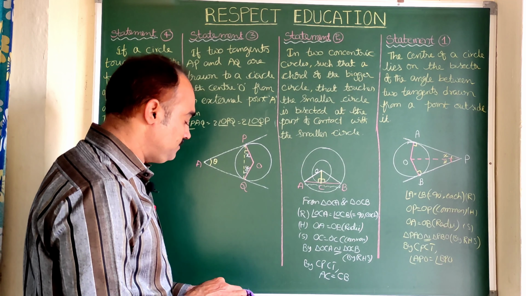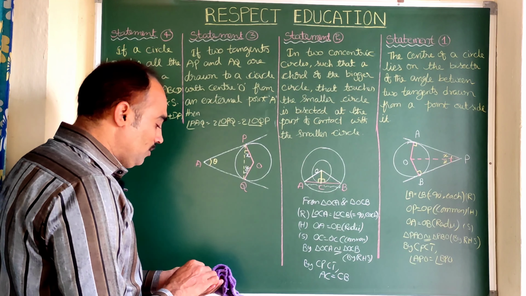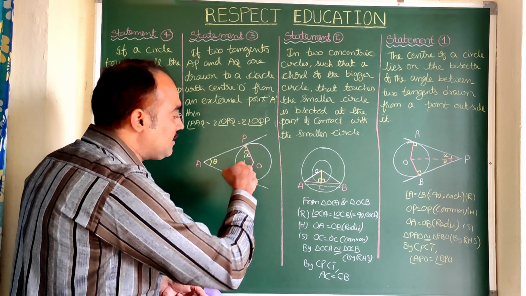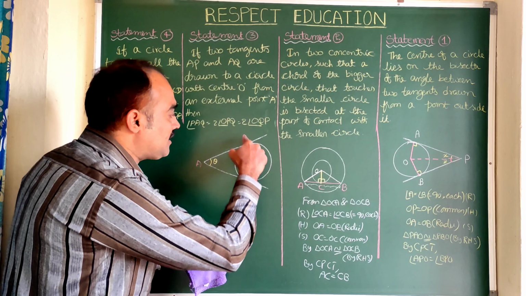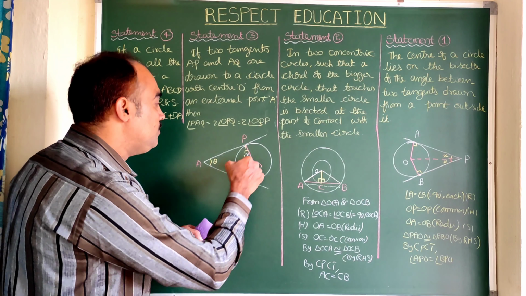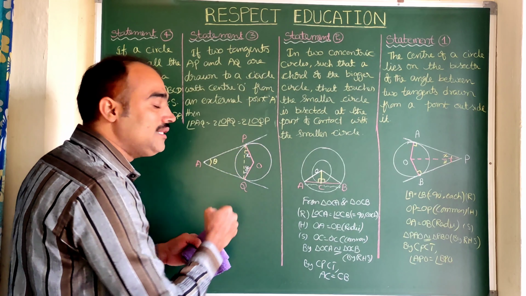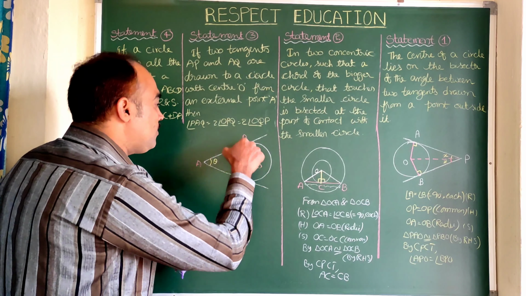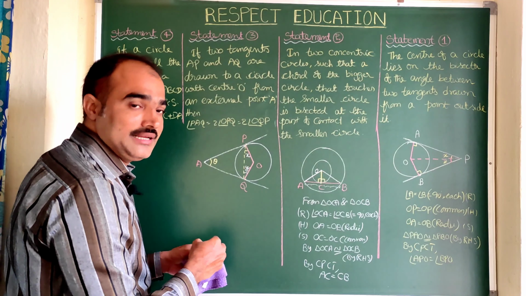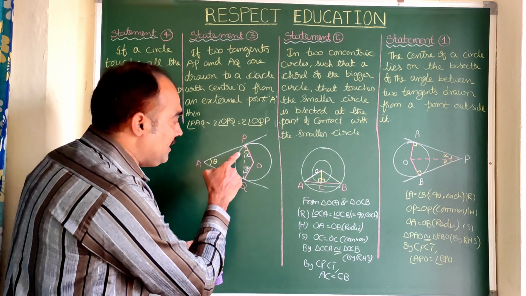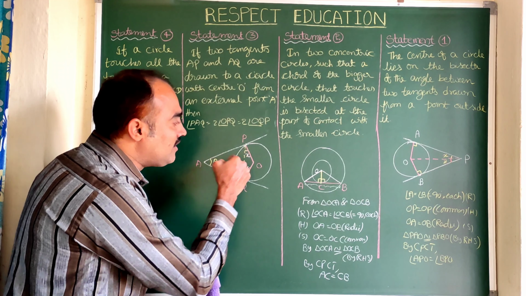It is very easy. Since we know OP is equal to OQ, it is an isosceles triangle. How do we say OP equal to OQ? Since OP and OQ both are radii, they are equal. Therefore triangle OPQ is an isosceles triangle, in which the angles opposite to the equal sides are equal.